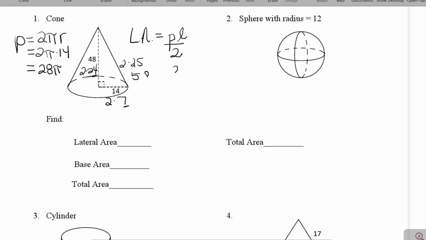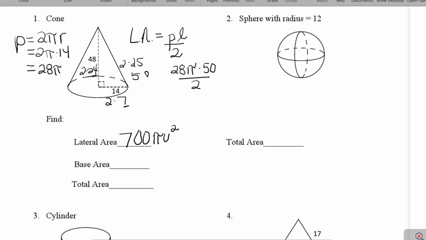So to find the lateral surface area, I have 28 pi times the slant height, which is 50, and then divide that by 2 to get my final answer for the lateral surface area, which is equal to 700 pi units squared.